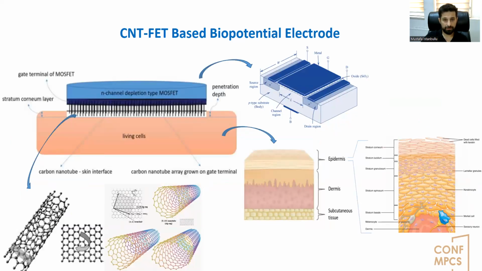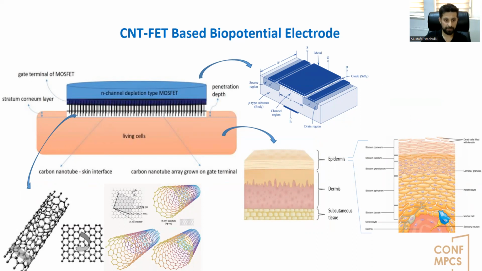Let's continue with a new type of biopotential electrodes. Studies in the literature show that electrodes designed by carbon nanotubes in some proper sizes can easily reduce the high contact impedance and overcome problems encountered in electrophysiological signal acquisition.